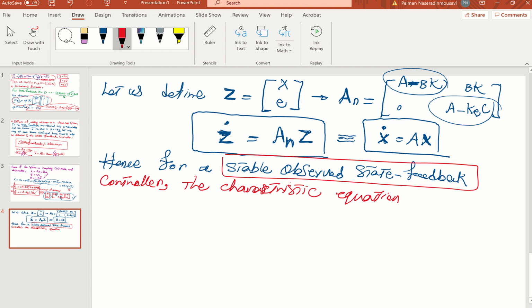What is the characteristic equation for this? Look at the An.